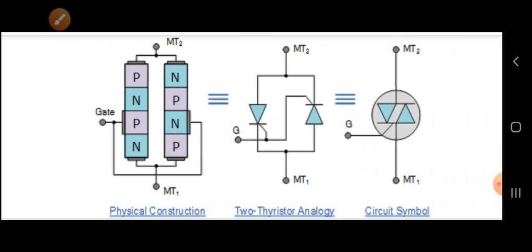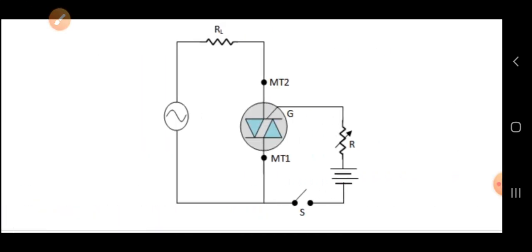Now how the operation of this TRIAC occurs, we can observe with the help of one small circuit. Here I have shown the TRIAC connected to the main AC supply, where the AC supply is given to the terminals MT2 and MT1. The main terminals are given directly the AC supply, and at the gate we connect one positive supply and one switch.